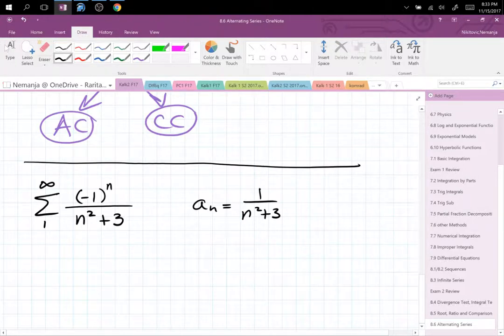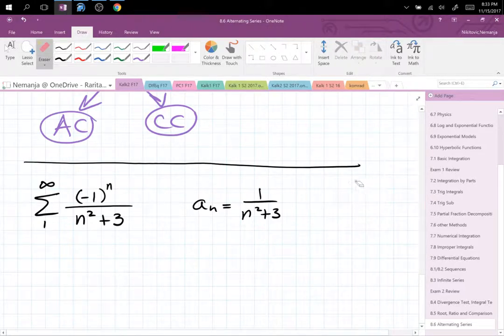And if you look at this, it's like 1 over n squared. You know that 1 over n squared graphs this way for the continuous world, so the dots have to do the same thing in the discrete world. You see that it's decreasing, and you also know that the limit will go to 0.